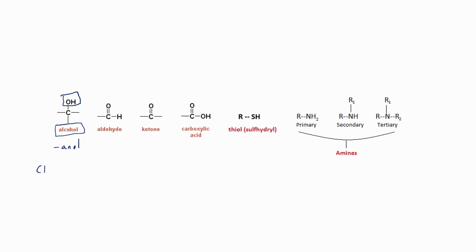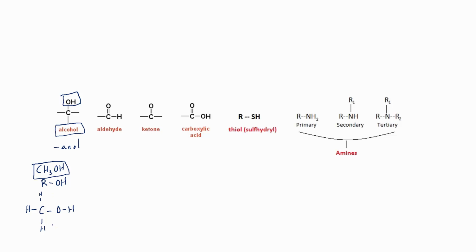So if we have 1 carbon, and the R group would be this CH3, and the functional group would be OH. So we can call this ROH for this alcohol. But the simplest alcohol, CH3OH, or if we draw out all the connections, it looks like this.